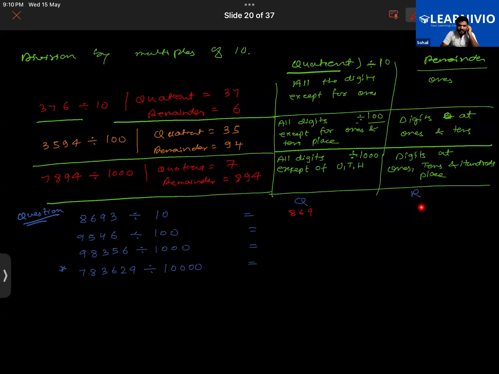So in the remainder you have, please come closer, you're not audible properly. I got it, but I couldn't just solve it. Okay, no issue. With practice it will be clear. Then the remainder will be, the rule says, the digit that is at ones place.